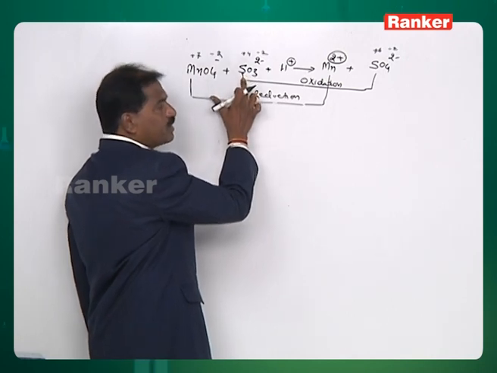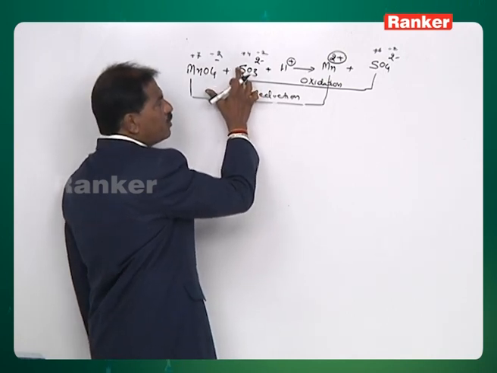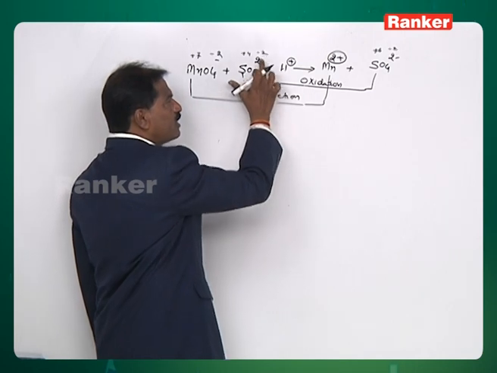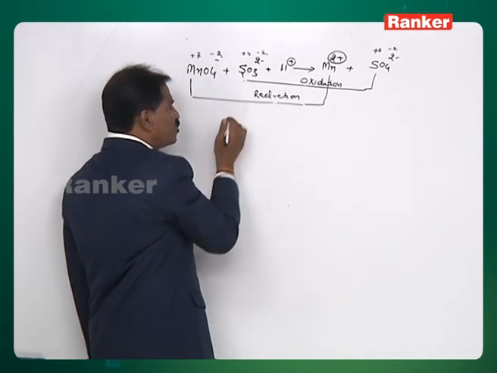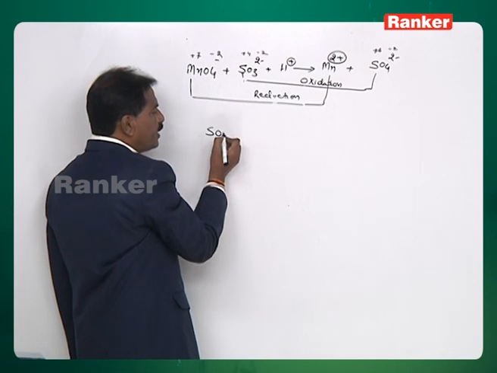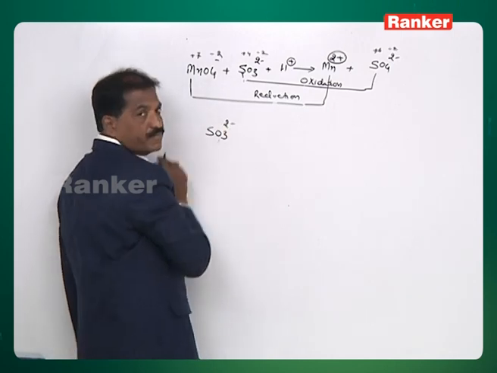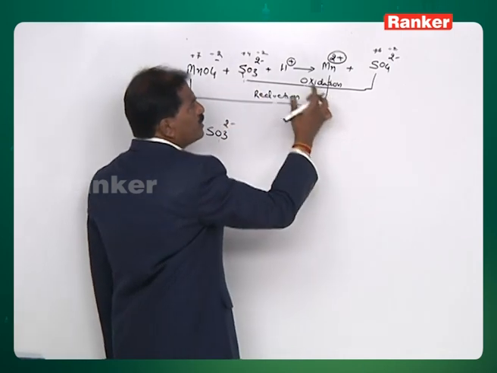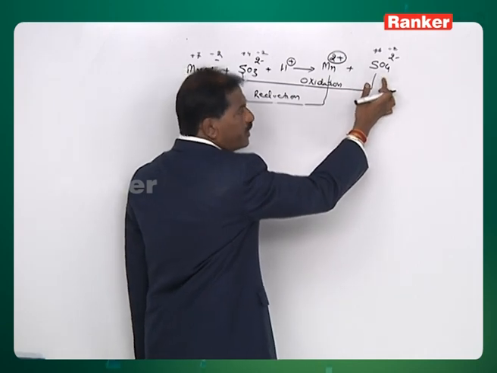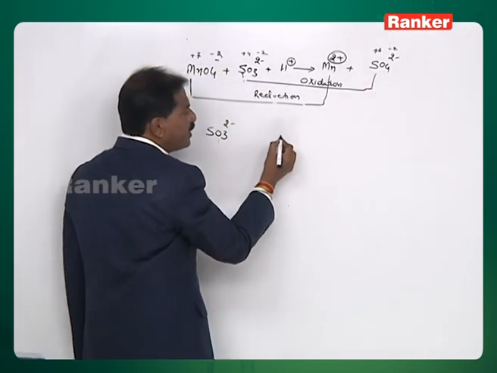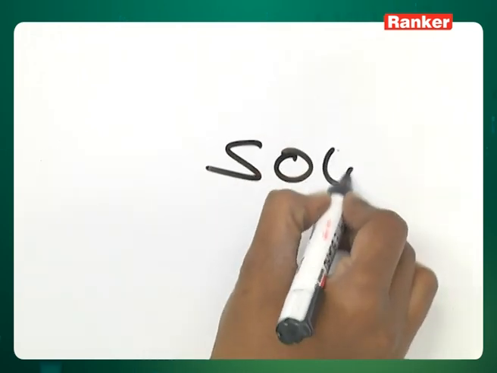Here, sulfur is undergoing oxidation. Therefore, the sulfur plus the other atoms present in the molecule have to be separated. The entire molecule has to be separated. Similarly, on this side, sulfur has gone into the sulfate ion. Therefore, you separate the entire sulfate ion from the parent reaction.